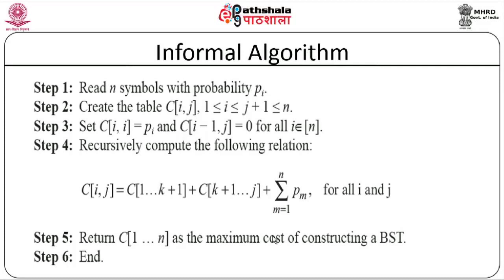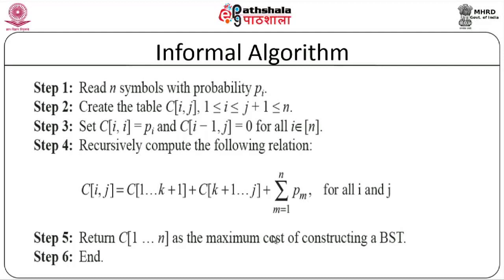So, we initialize the table: C of i comma i to p of i, and C of j minus 1 comma j to 0, for all elements i belonging to n.